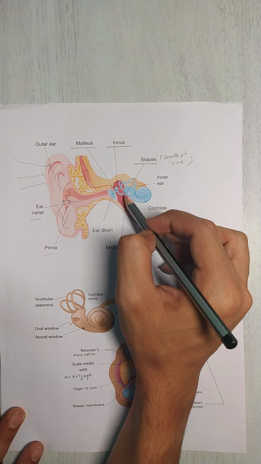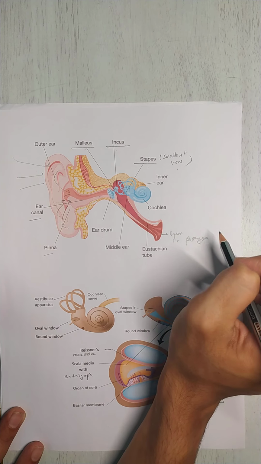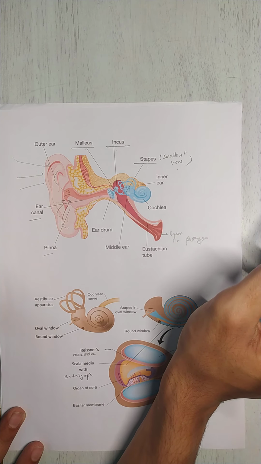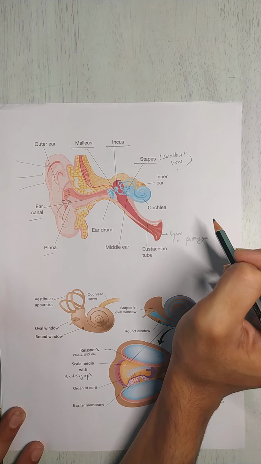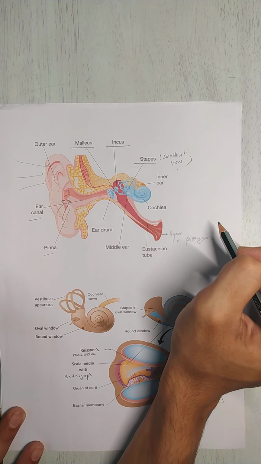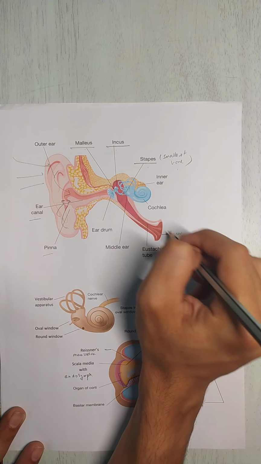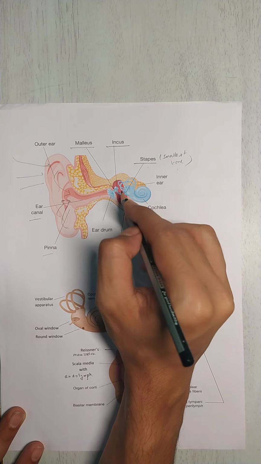You remember the pharynx, the part inside our mouth, the nasopharynx and the oropharynx. The oropharynx is the passage through which you swallow food, and the nasopharynx is the one through which the air that you're breathing from the nose passes by. So our ear is also connected to that pharynx, through this eustachian tube and through the middle ear.